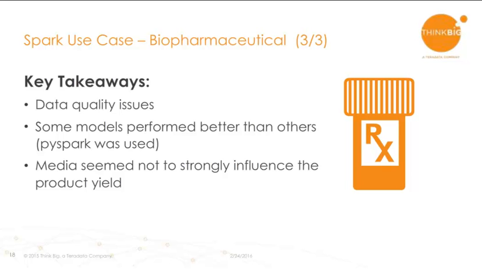And at the end, we were able to conclude, based on the different algorithms and libraries that we applied, that media didn't seem to influence product yield that much. So going forward, we were able to provide some guidance and indications about the relationship between products and media interactions. That for the client was very good to know.